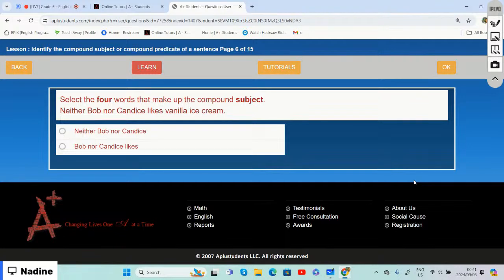So now we need to select the four words that make up a compound subject. Neither Bob nor Candace.